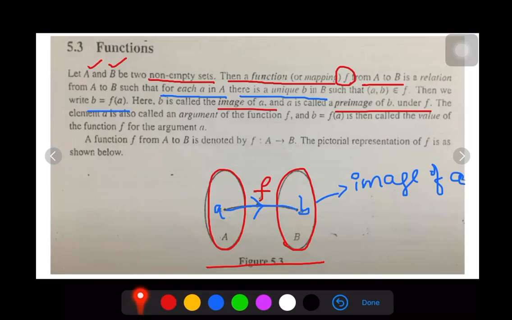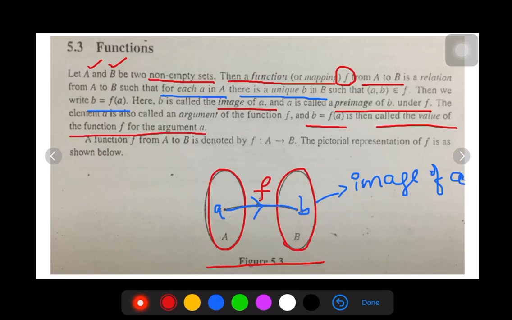Always remember that this is called the image because this is getting mapped with this. This is the image of a and a is called the pre-image of b under F. And it is denoted with b equals F of a. Then we call this the value of function F for the argument a.